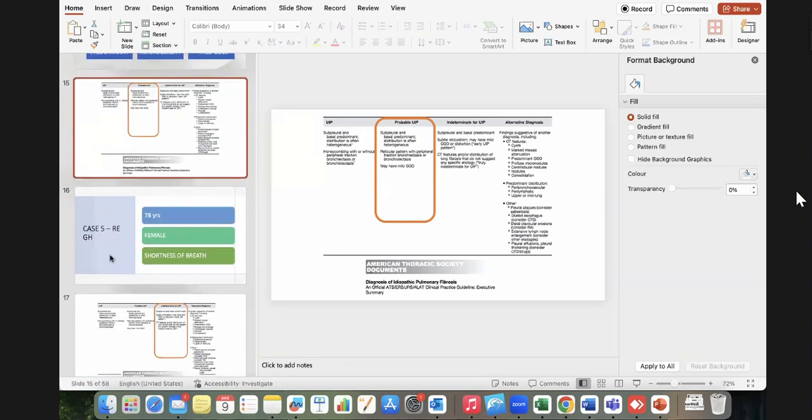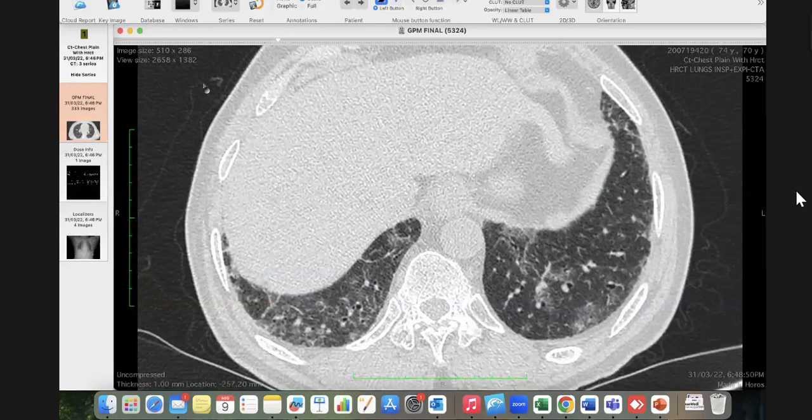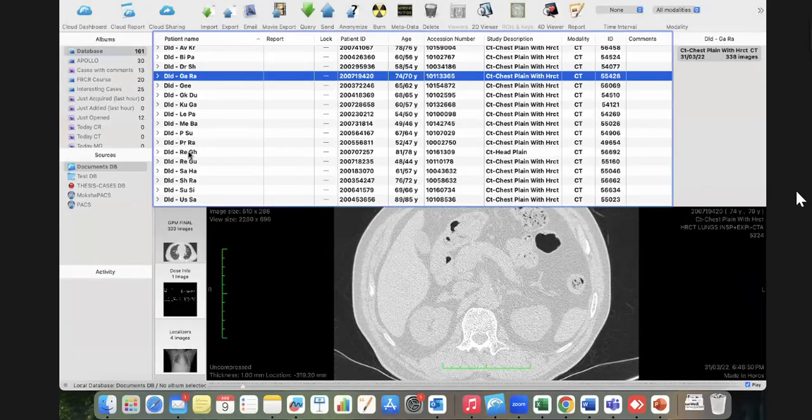So this is another case. Now this is again a 78-year-old lady. All such patients present with shortness of breath and seldom give any other history.